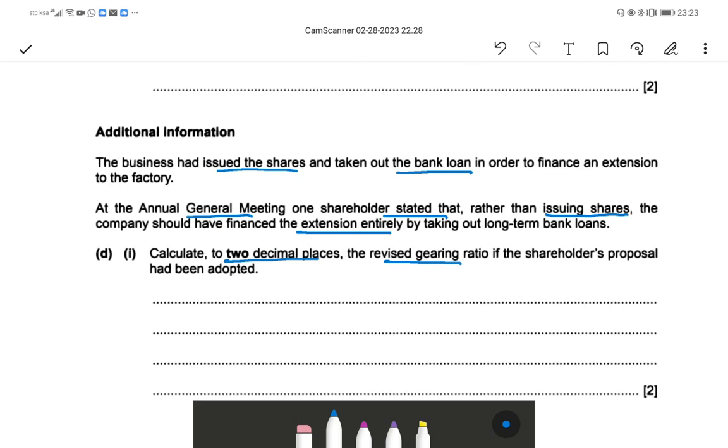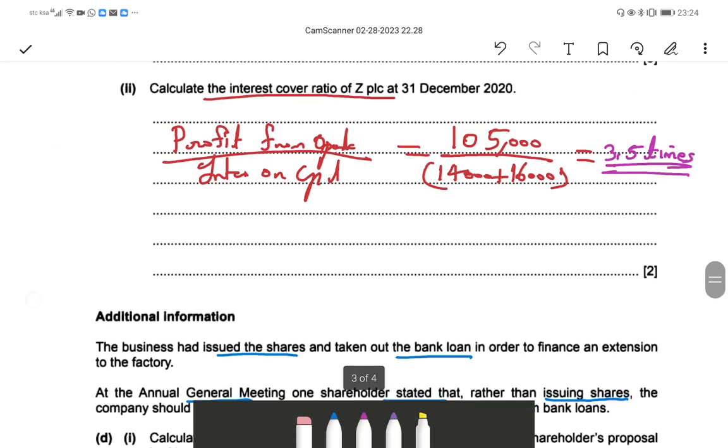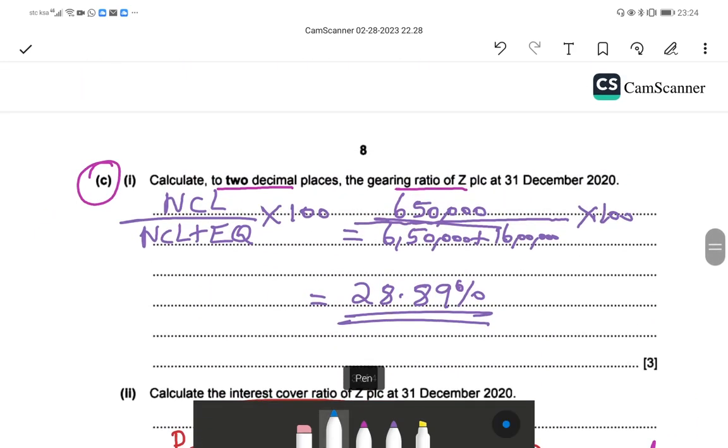So first we have to find the revised gearing ratio. If the business issues the shares, what will be the gearing ratio? We already know the equation: non-current liability divided by non-current liability plus equity.